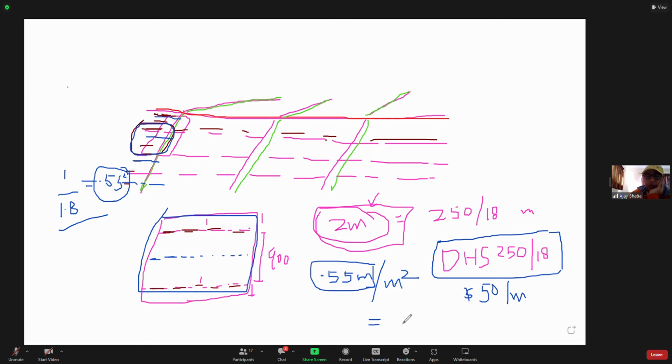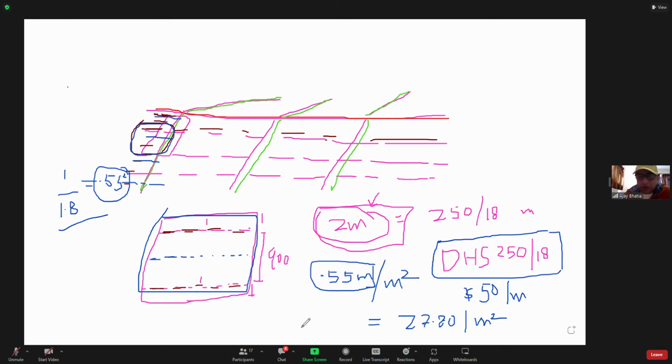You multiply 0.55 by 50 and you'll get your rate as $27 and maybe 80 cents or something. So that becomes your rate of the purlin per square meter of the roof.